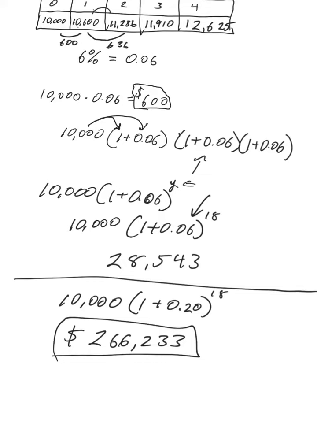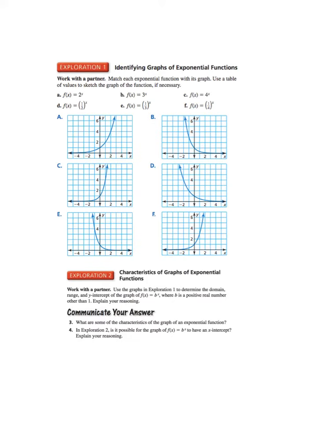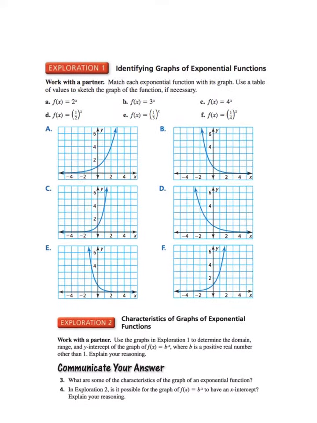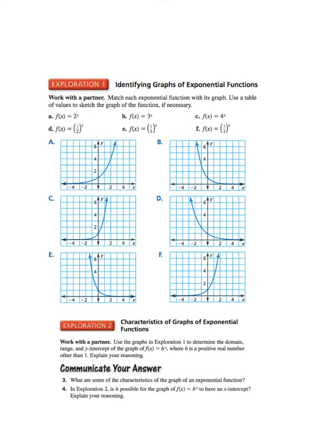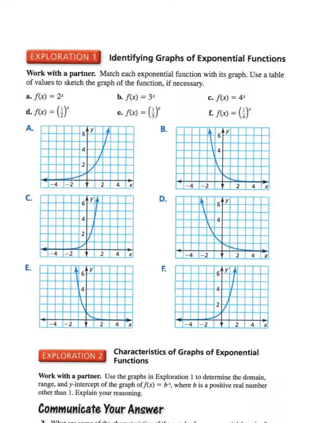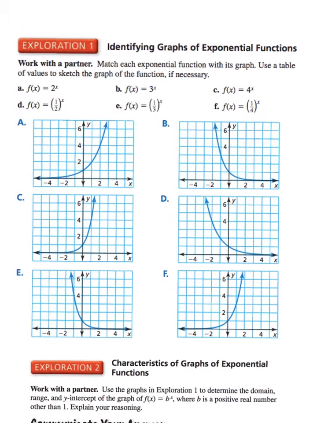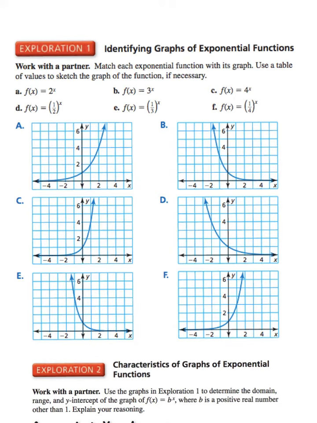So moving to the next page. In this next page, we have an exploration. We talked a little bit about this in class. And in this case, what we're going to be talking about is these. Let me see if I can make this screen bigger. Okay. These are called exponential functions, which you're seeing right here.